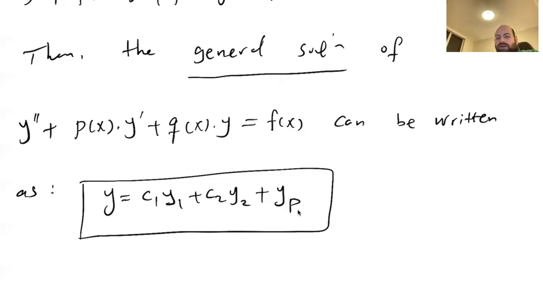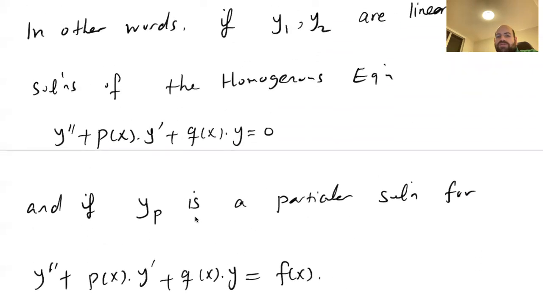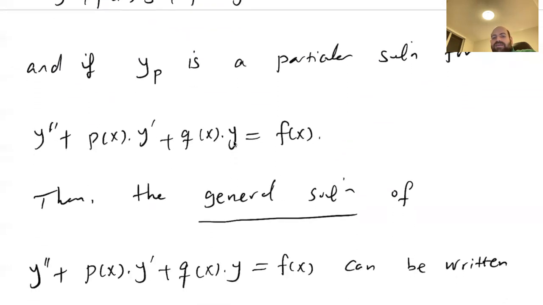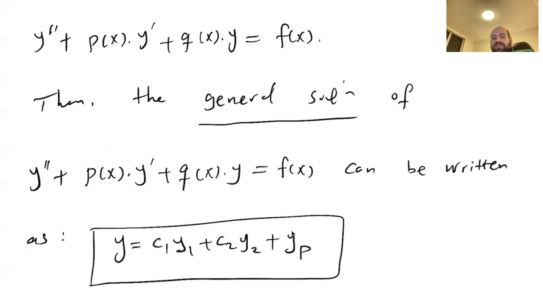You just need to add that particular solution to the general solution of the homogeneous equation. We already saw how to find it: if y1 and y2 are two linearly independent solutions for this equation, then the general solution can be written as c1 y1 plus c2 y2. So we just need to add that general solution to yp, and then we get the general solution for this ODE.